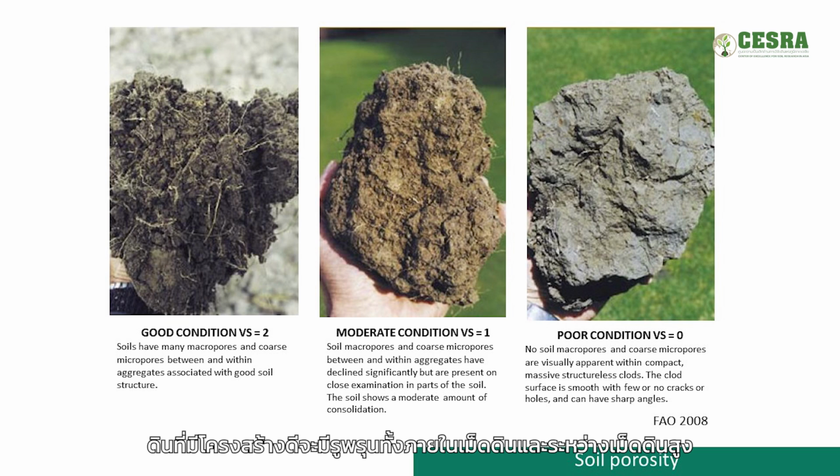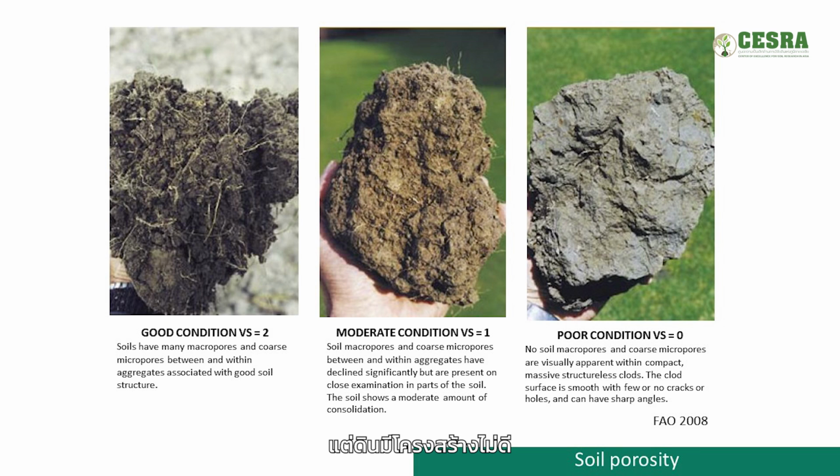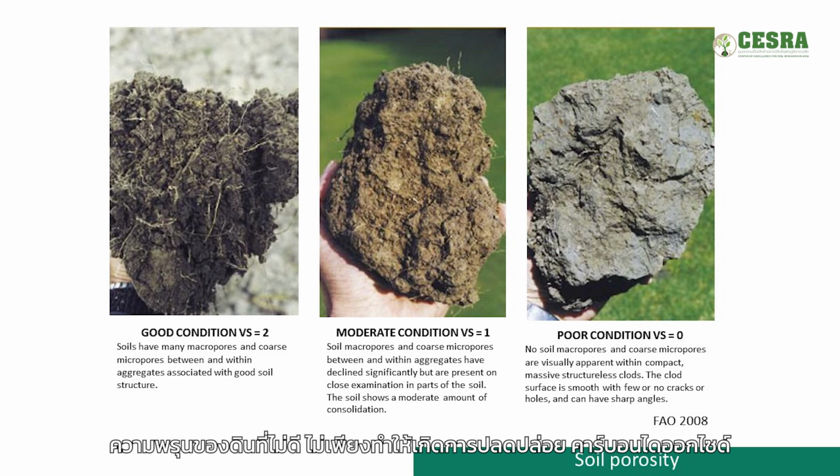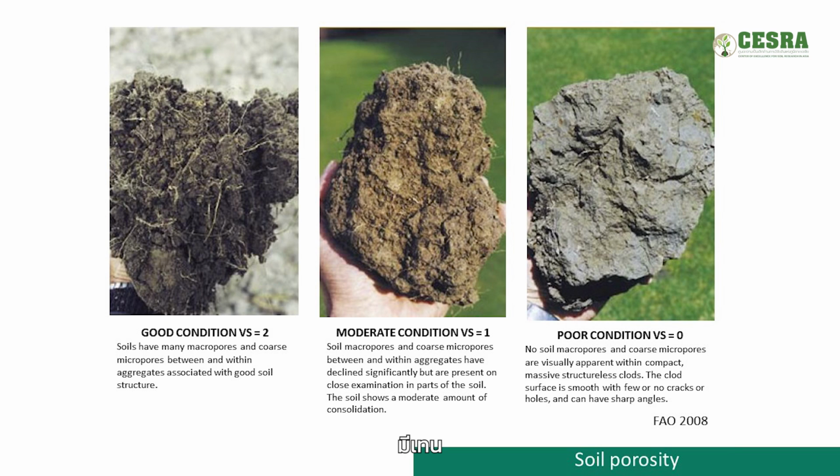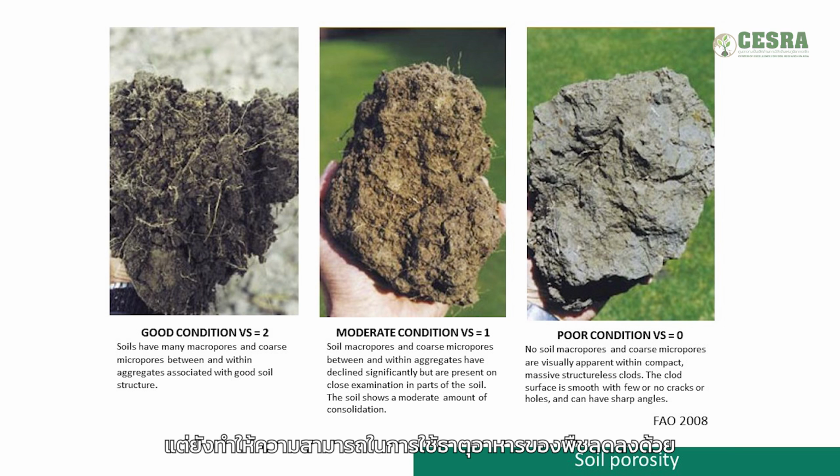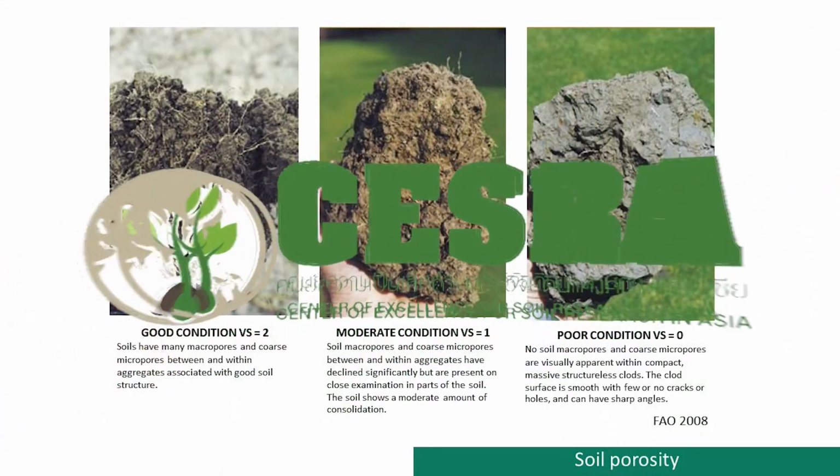Soils with good structure have high porosity between and within aggregates, but soils with poor structure may not have macropores and have micropores within the large clots, restricting drainage and aeration. Poor soil porosity leads not only to carbon dioxide, methane, and sulfide gases, but also reduces plant nutrient availability.